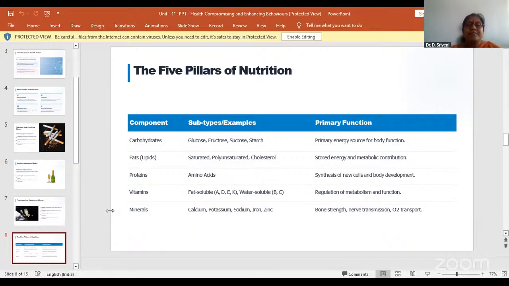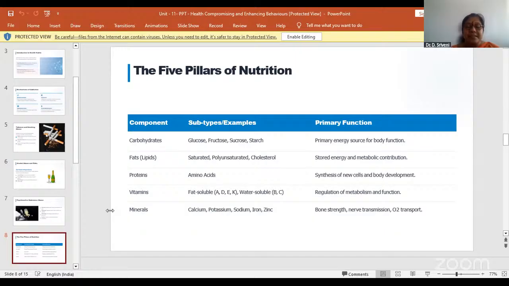A sedentary lifestyle is a lack of regular physical activity, which weakens the body's cardiovascular and musculoskeletal systems. This inactivity reduces the body's ability to adapt to physical stresses. Substance use and abuse is the regular consumption of tobacco, alcohol, or other drugs.